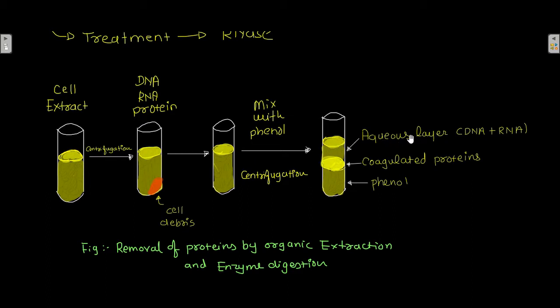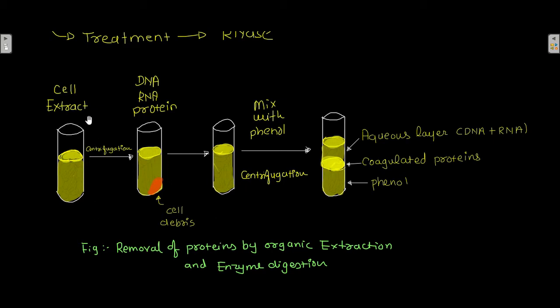That aqueous layer has DNA and RNA, and then you get coagulated proteins and a phenol layer as well. You isolate the aqueous layer, add RNase, and in the end you get pure DNA. This is how removal of proteins by organic extraction and enzyme digestion looks.